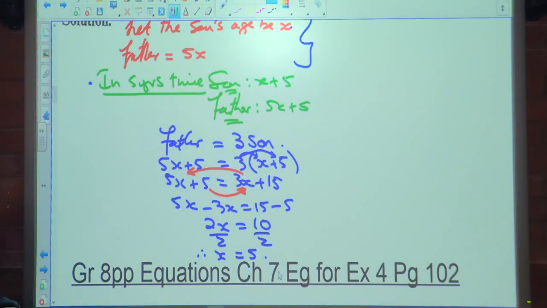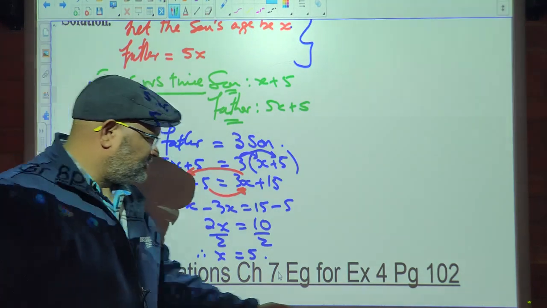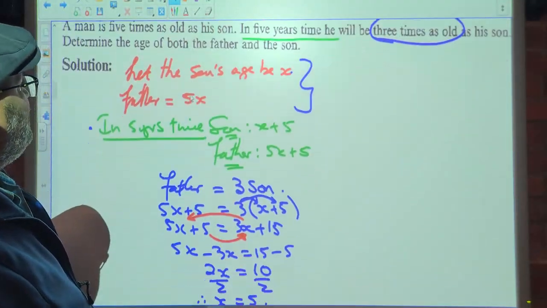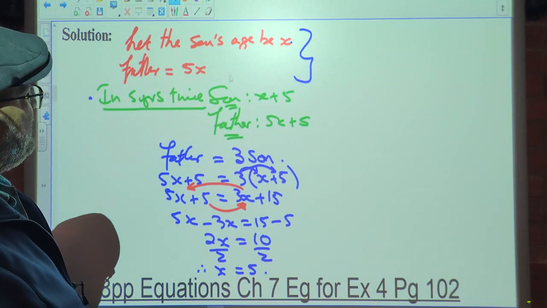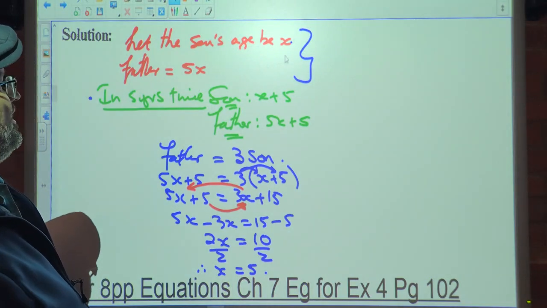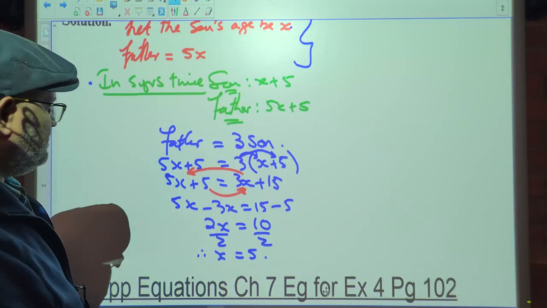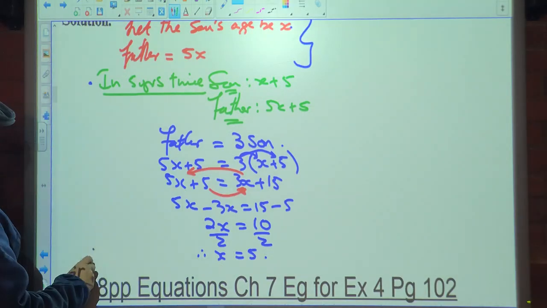But we must answer the question. Okay? So the question says, how old are the man and his son? So the son is going to be x. So the son is going to be 5.